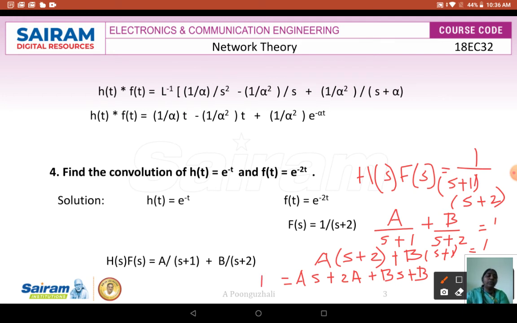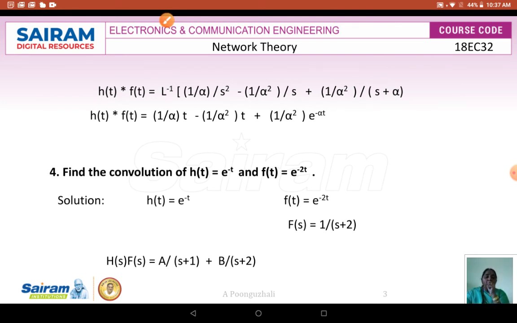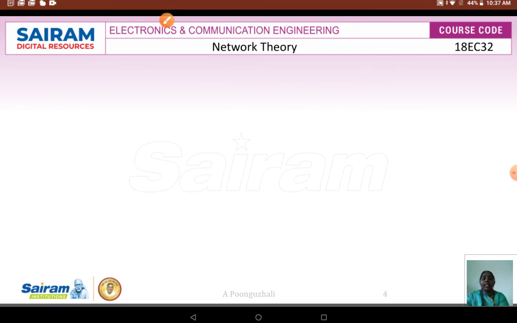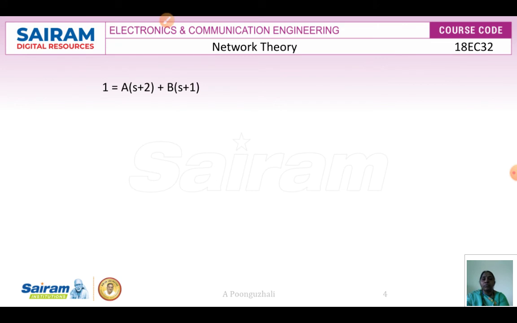Now if I equate the constants, 2a plus b is equivalent to 1 and a plus b is equivalent to 0. So here in this case a is equivalent to 1 and b is equivalent to minus 1.